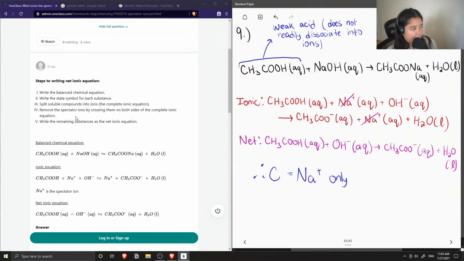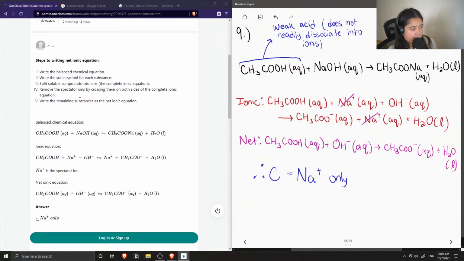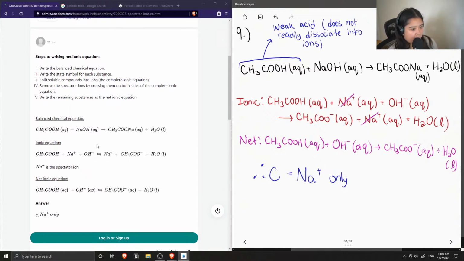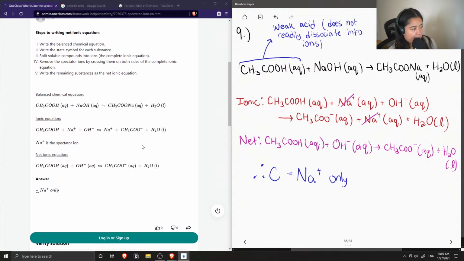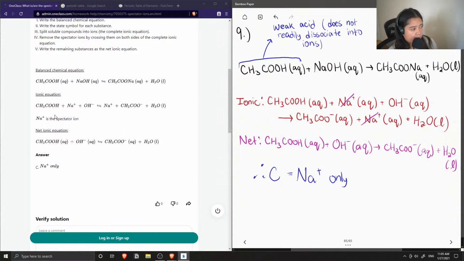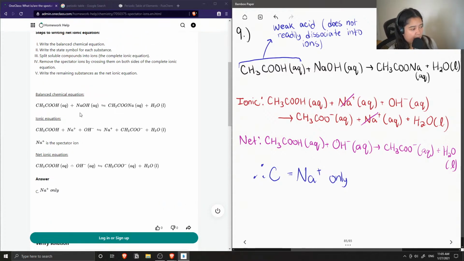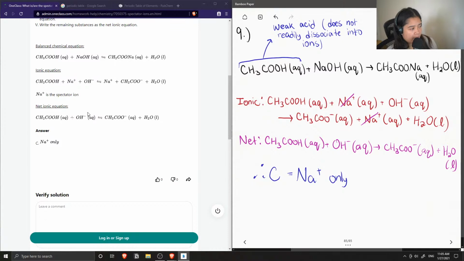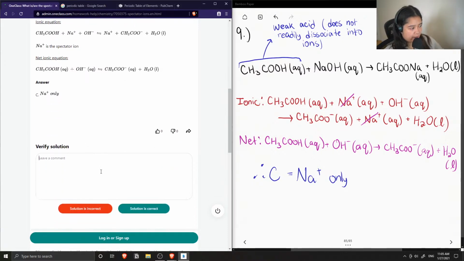And then step 5, write the remaining substances as the net ionic equation. So our equation was already balanced. And then they showed that only the sodium hydroxide and the sodium acetate will separate into ions, making sodium the only spectator ion for this equation. So this solution is correct.